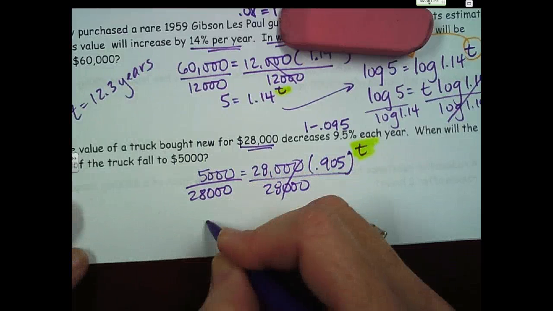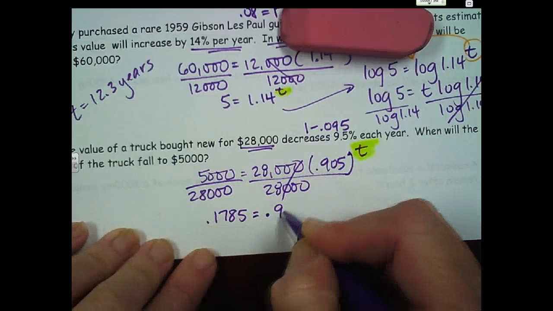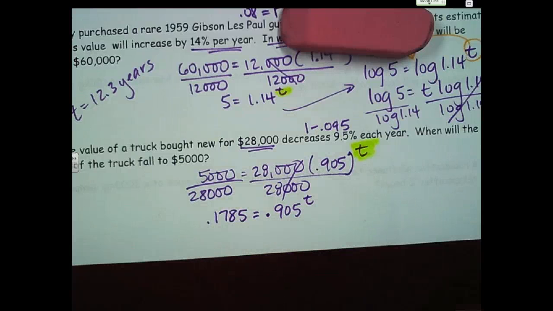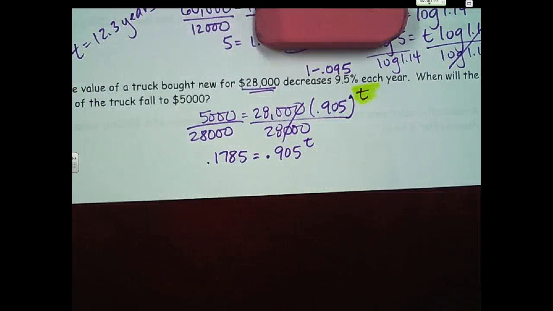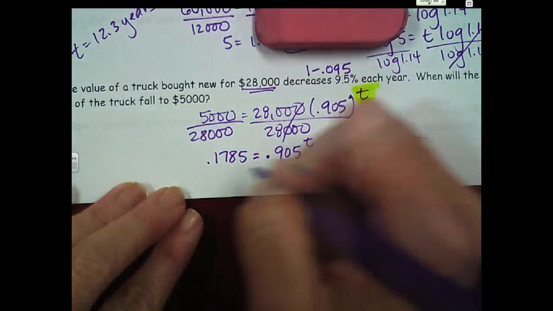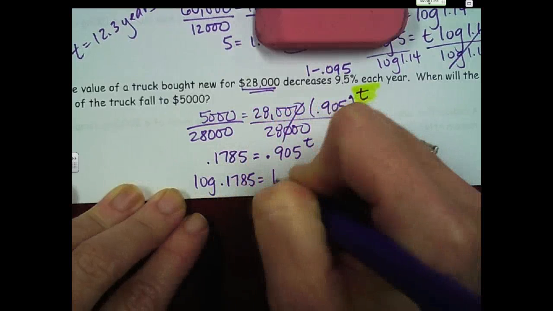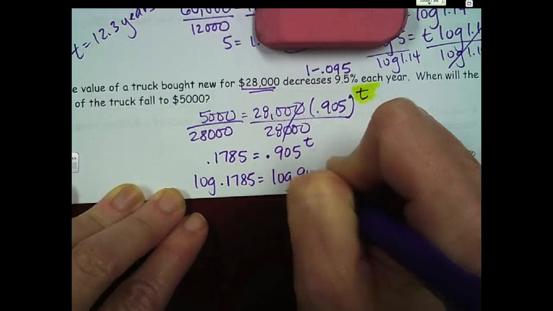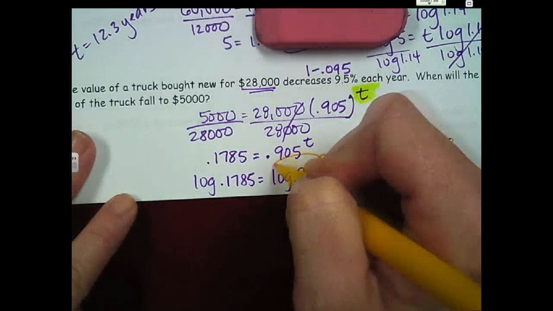So you get 0.1785 equals 0.905 to the t. Now I'm solving for a variable, so what do you do to both sides? Log it, right? So you can write log 0.1785 equals log 0.905 to the t. And what do we do with that t? The t ends up going in front, doesn't it?